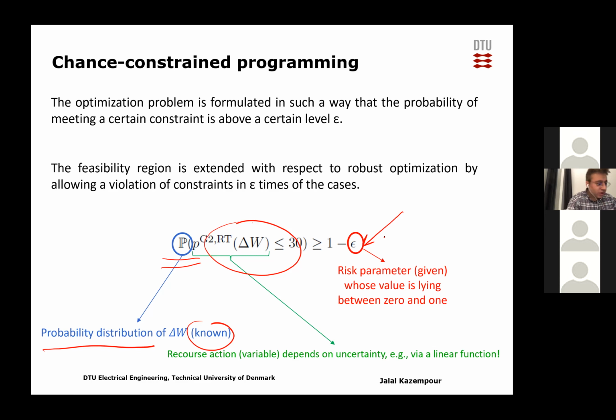So for example, if your probability distribution is something like this, we want to make sure that if we sample our mean deviation over this probability distribution and plug it into our constraint, 99% of the time that constraint is held. And in 1% of the samples drawn from our given probability distribution, the constraint can be violated.